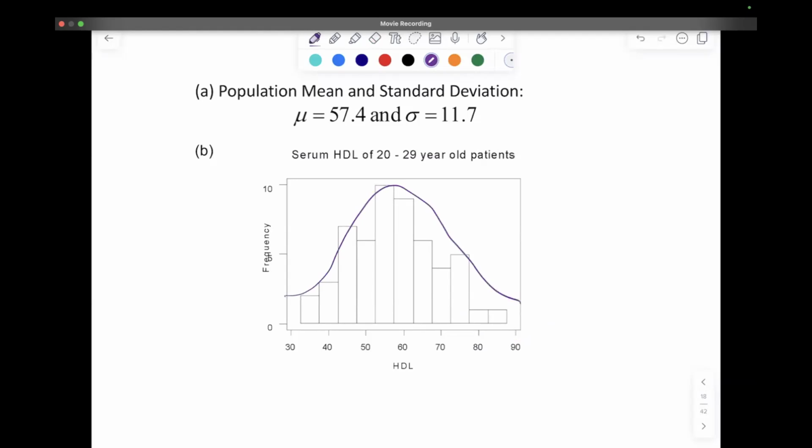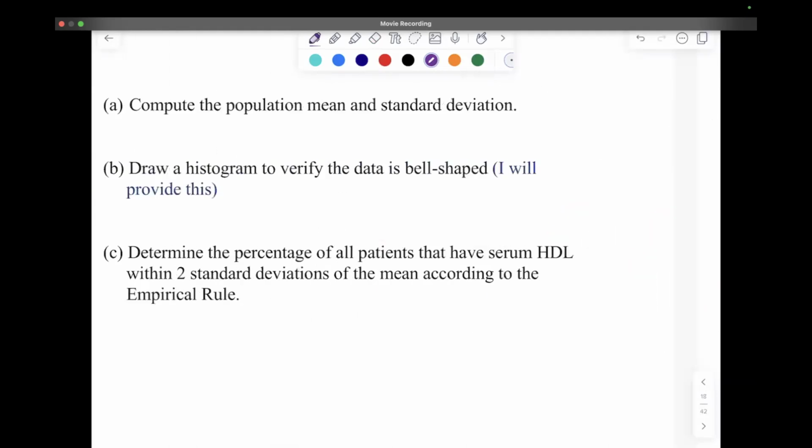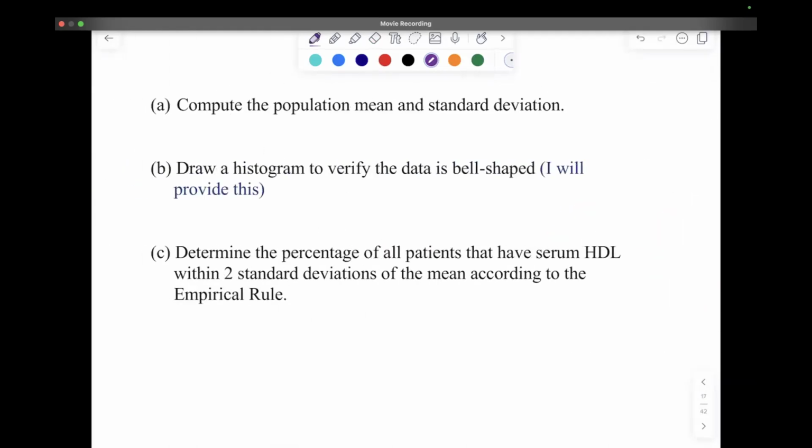I'm going to call it mostly normal or approximately bell-shaped. Okay, I wrote down the mean and the standard deviation. My mu, it's not a mu though. It is actually an x bar because it's a sample, 57.4. And then my standard deviation is about 11.7.